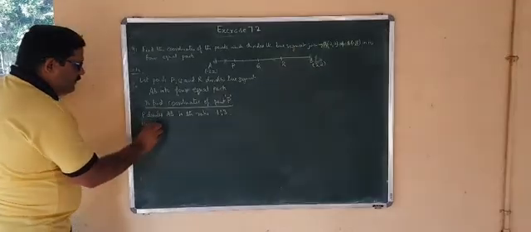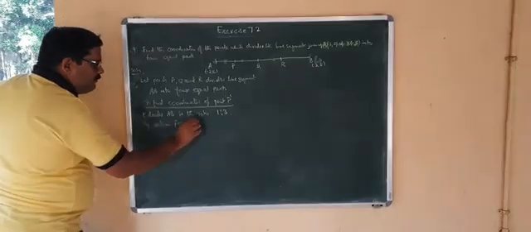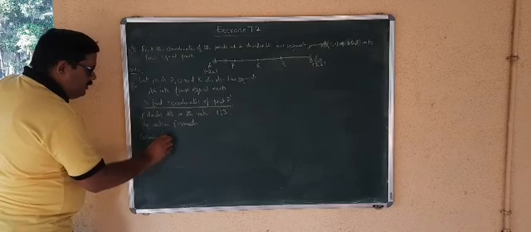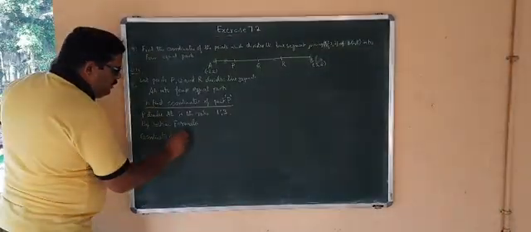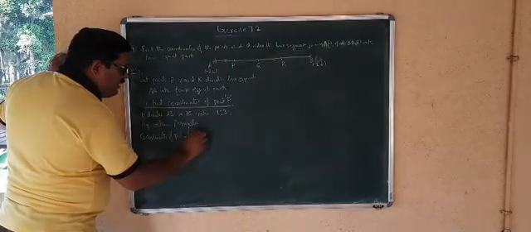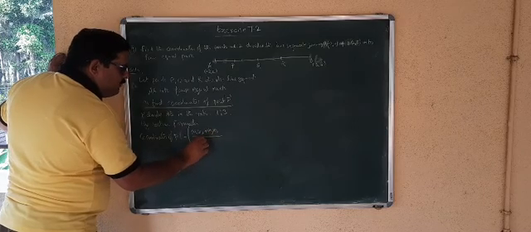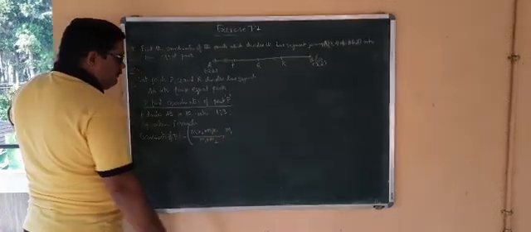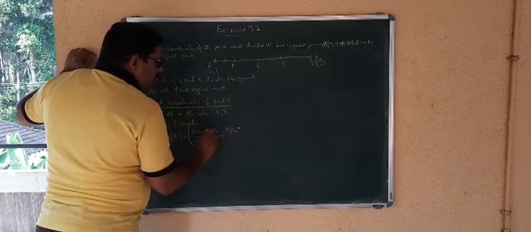So, by section formula, coordinates of P, it may be taken as (x, y), equals (m1 x2 plus m2 x1) divided by (m1 plus m2), comma (m1 y2 plus m2 y1) divided by (m1 plus m2).